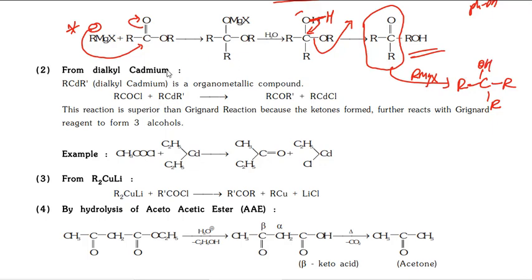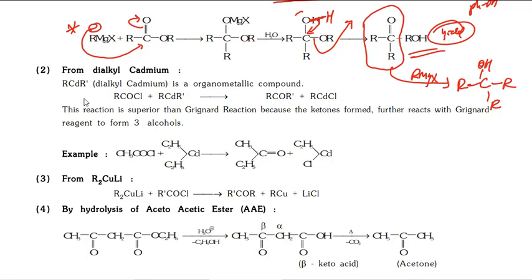But in the case of dialkyl cadmium, there is no chance to form alcohols. That's why here the yield is less, but the reaction proceeds up to carbonyl compounds only. There is no further reaction.